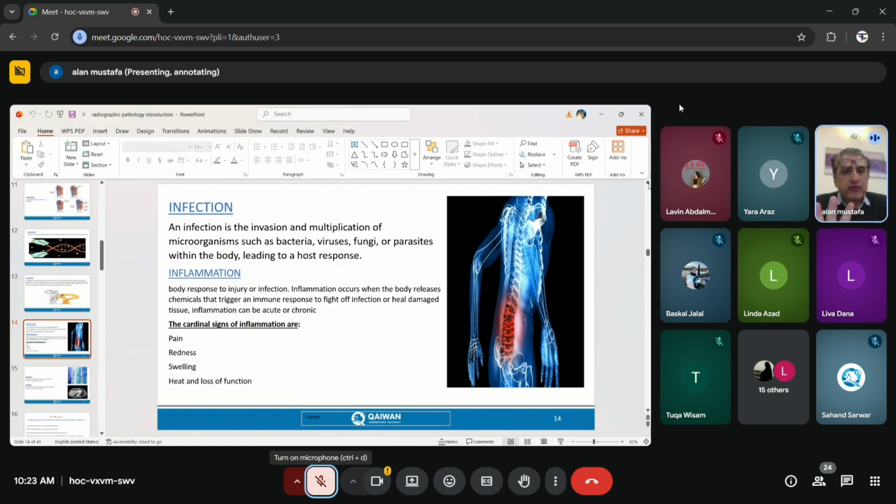We have 5 main symptoms, 5 cardinal signs of inflammation. What do we mean by that? In any inflammation, there are 5 signs that we see.